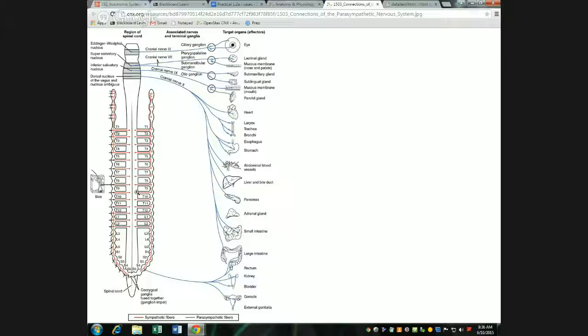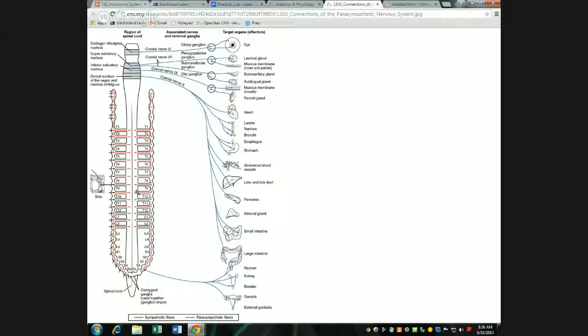The postganglionic fibers are different. I was saying earlier that the postganglionic fibers for the sympathetic side release norepinephrine. The postganglionic parasympathetic fibers release acetylcholine. So let's say you're the heart.